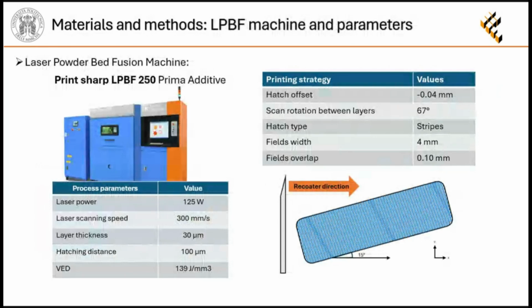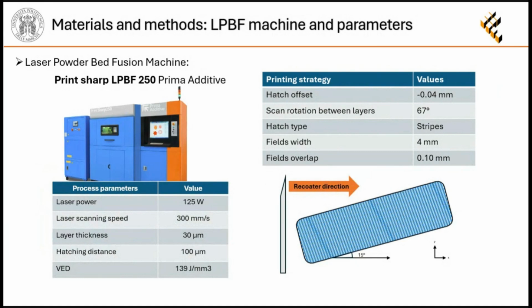The technology that we use for the print is a machine from Prima Additive, and the parameters are shown in the table, and we use a high volumetric energy density of 139. The printing strategy is shown on the right.